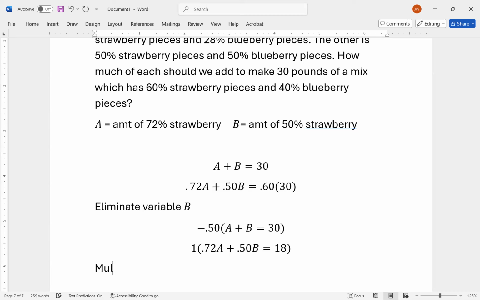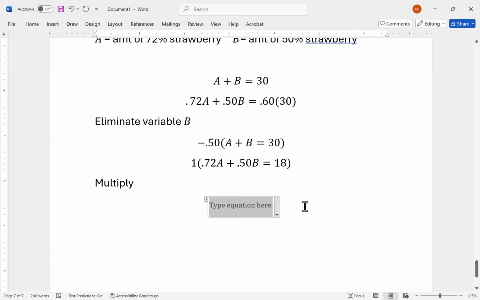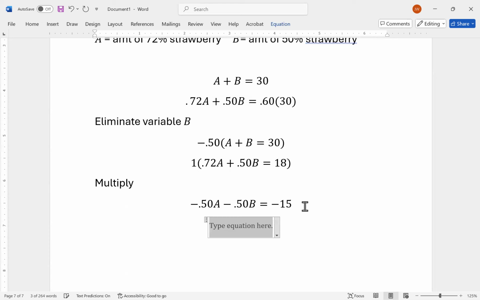Now we can multiply through, that gives me negative 0.50 times A minus 0.50 times B is equal to a negative 15. And then when I multiply 1, nothing changes. 0.72A plus 0.50B is equal to 18.